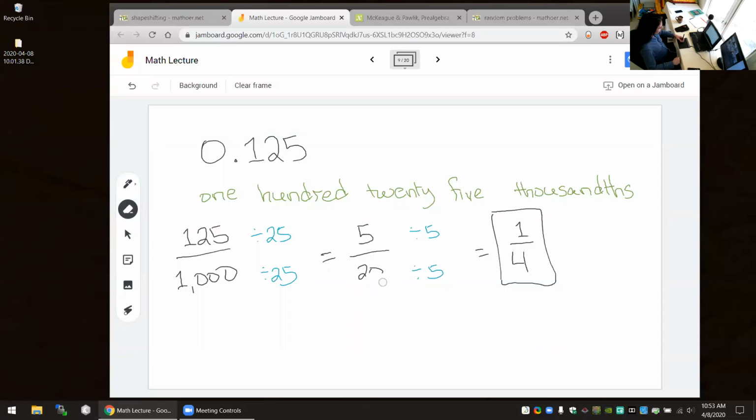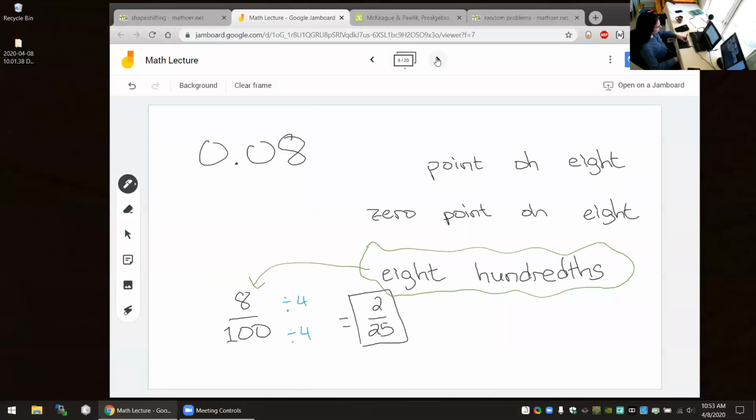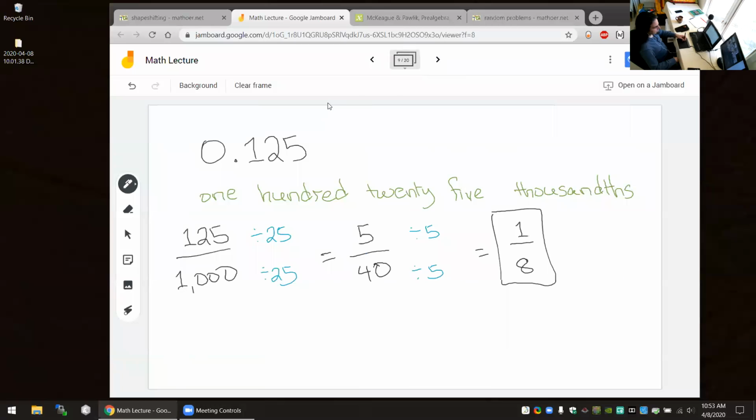So that's 40. Each dollar has 4 quarters, so $10 would be 40 quarters. Okay, now that they're both right, anyone have questions about either of these?